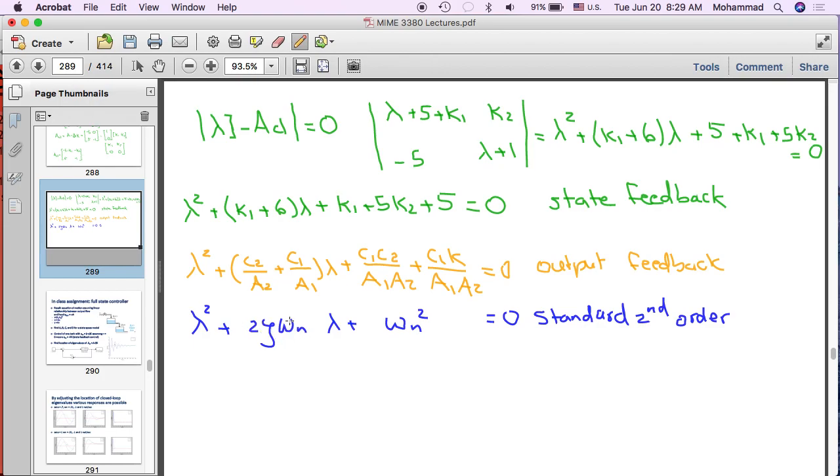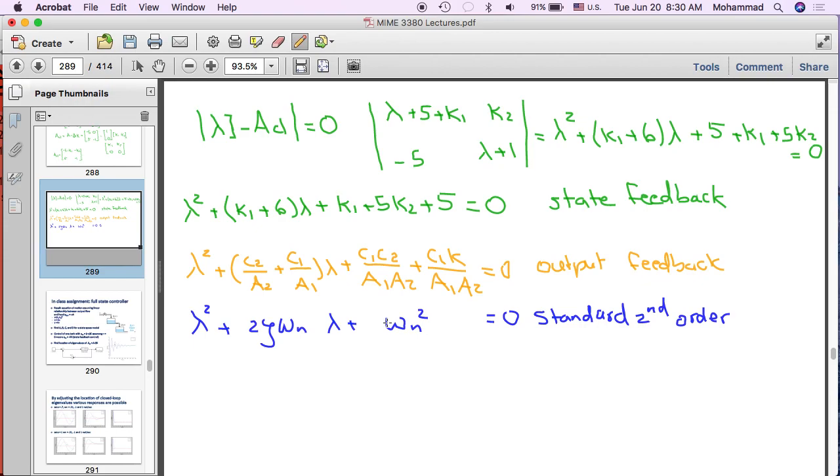That tells us that by adjusting k1, we have the potential of adjusting zeta and omega n simultaneously. And here, k1, k2, and 5, by adjusting them, we have the ability to adjust omega n. So the design would be to decide what value we want for omega n and what value we want for zeta, and solve for k1 and k2 to get to those values. So that's the way to solve it.